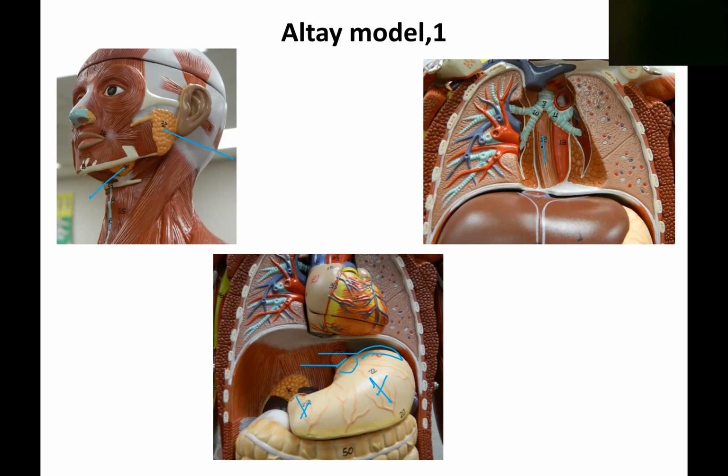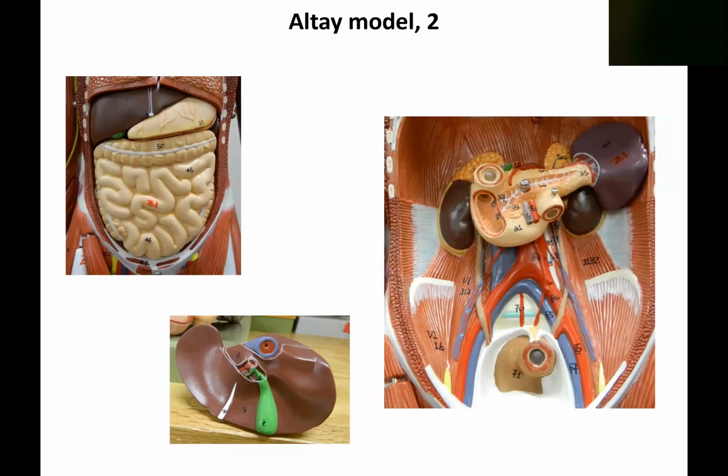Here you can see the esophagus, left lobe of the liver, right lobe of the liver, and a little bit of the body of the stomach. Left lobe of the liver, right lobe of the liver, teeny tiny little bit of the gallbladder, body of the stomach, pyloric stomach, transverse colon, cecum, ascending colon a little bit, jejunum, descending colon, ileum.